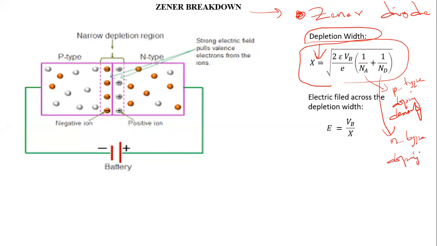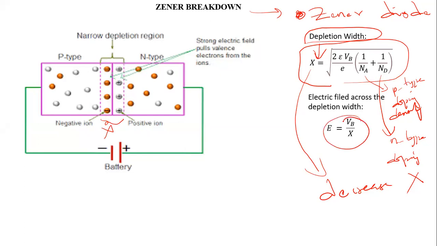Now, if you increase doping concentration, that is Na and Nd value, increasing doping concentration will decrease your depletion width. If you decrease your depletion width, which is X here, if you look at this expression, the electric field across the depletion region is the potential barrier upon depletion width.